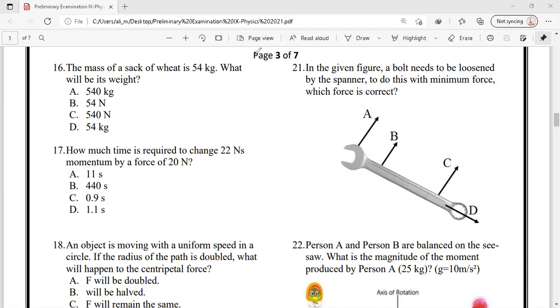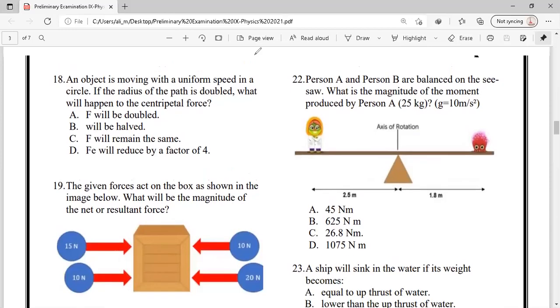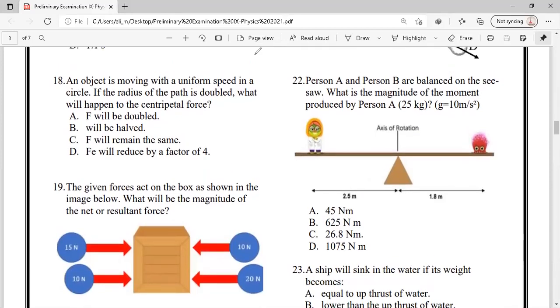Let's move to our next question, that is question number 22. In question number 22, person A and B are balanced on the seesaw. What is the magnitude of moment produced by the person A?